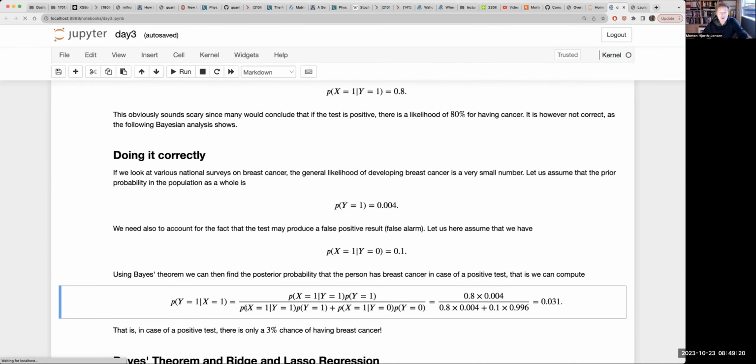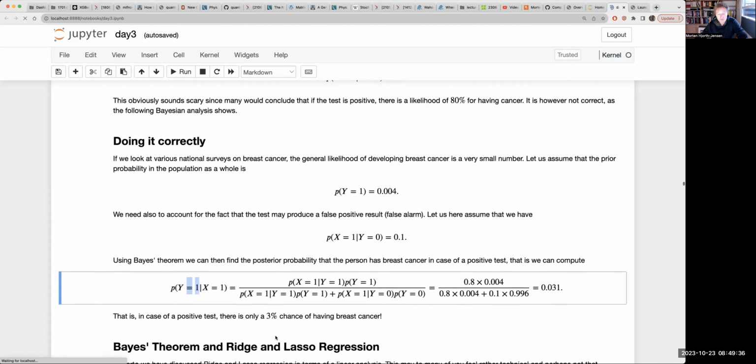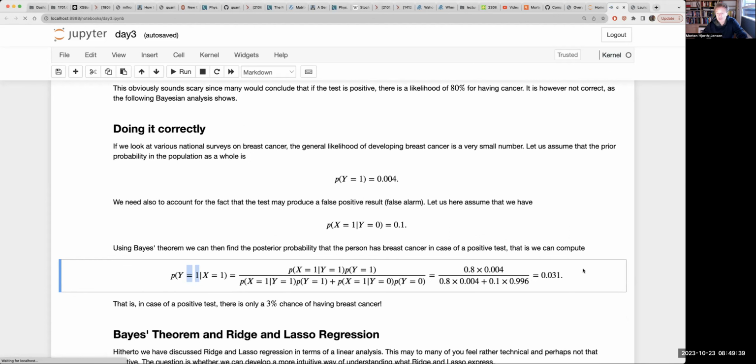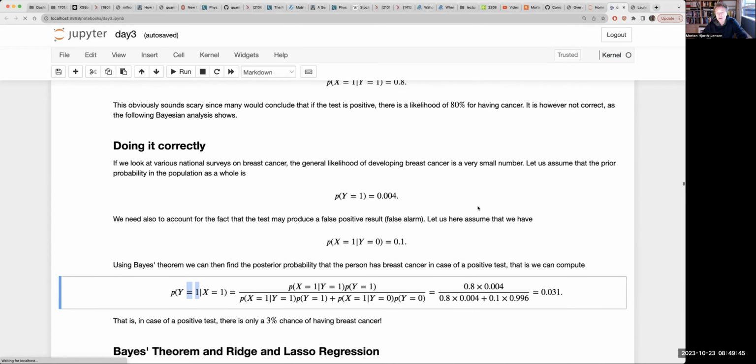And then we have to divide it by this marginal probability, which is a normalization constant. So the probability in case there is a positive hit from the mammography and resulting in the patient having breast cancer, this probability is much smaller. It's a 3% chance of having breast cancer and not 80% as you see here.